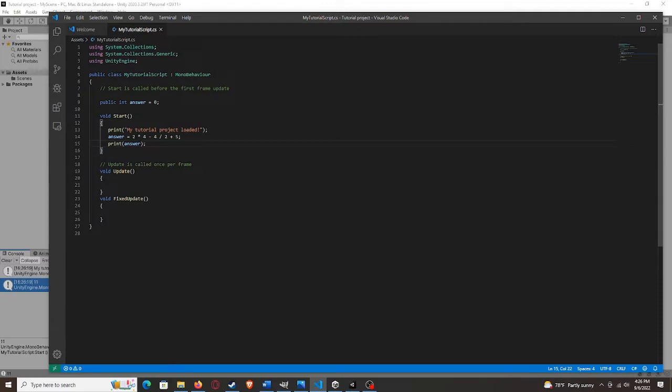Because we're going to go left to right, but first, remember the PEMDAS. 2 times 4, and 4 divided by 2 is 2. And then, now that we have the D and the M in PEMDAS, multiplication and division done, we're moving on to the subtraction and addition.